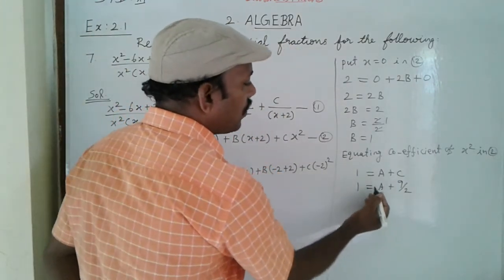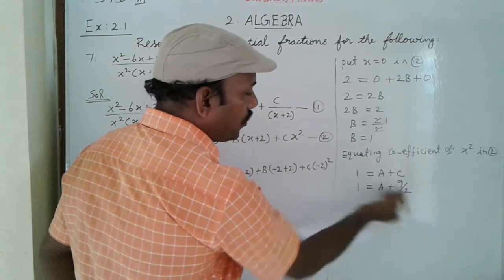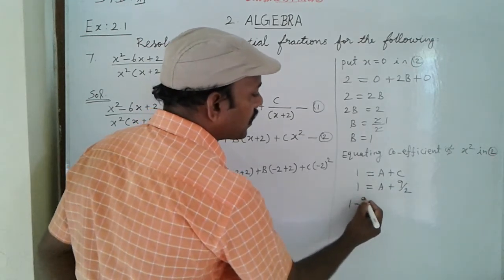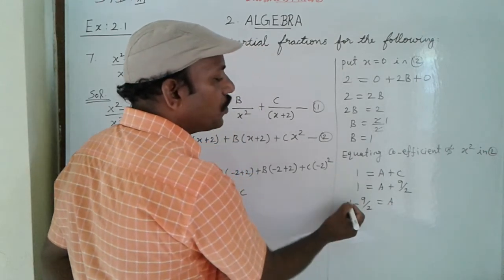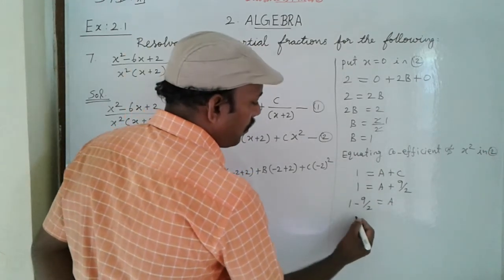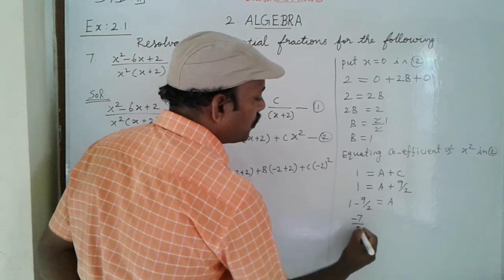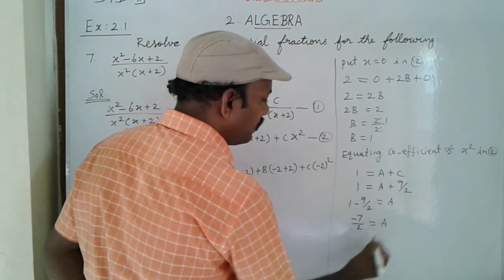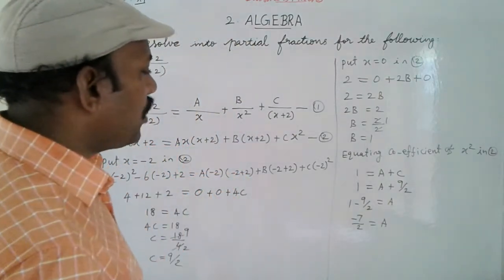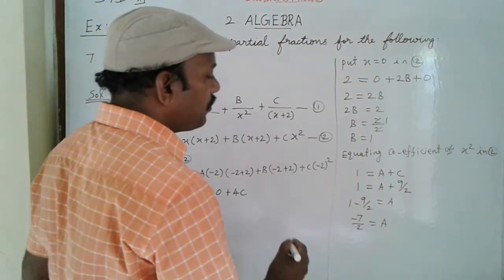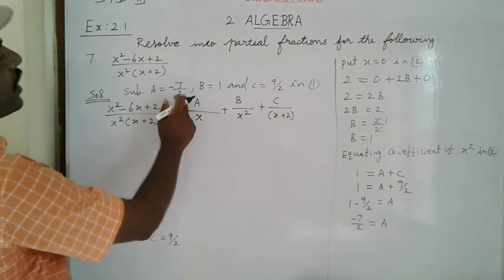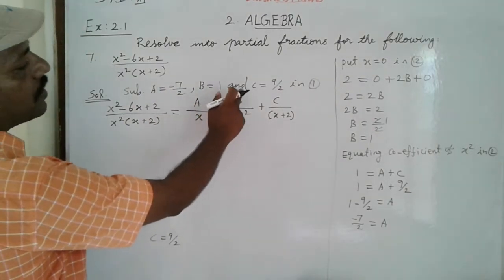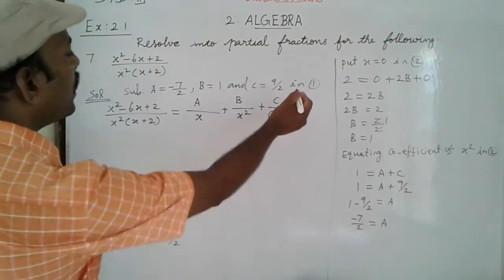So 9 divided by 2 we take to the left: 1 minus 9 divided by 2 equals a. 2 ones are 2, 2 minus 9 is −7, so −7 divided by 2 equals a. This is the a value. Next substitute a equal to −7 by 2, b equal to 1 and c equal to 9 by 2 in equation number 1.